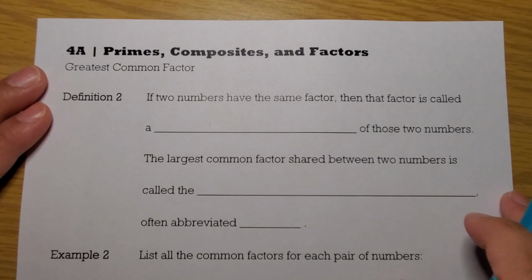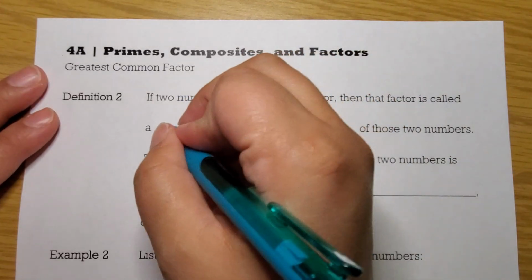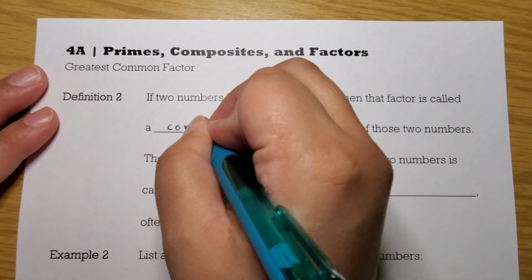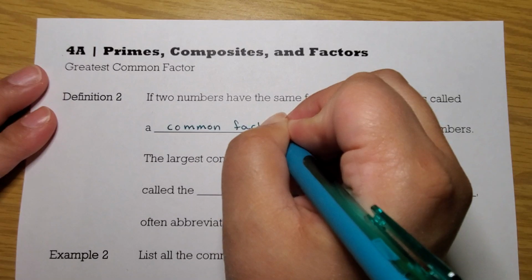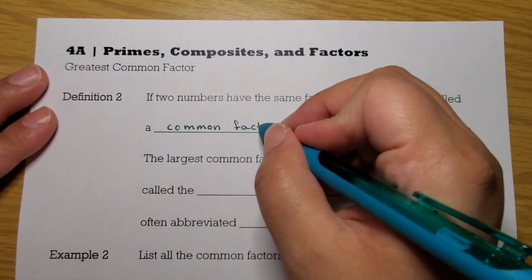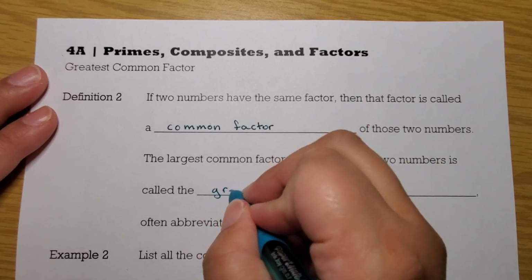Definition 2 says if two numbers have the same factor, then that factor is called a common factor of those two numbers. The largest common factor shared between two numbers is called the greatest common factor.